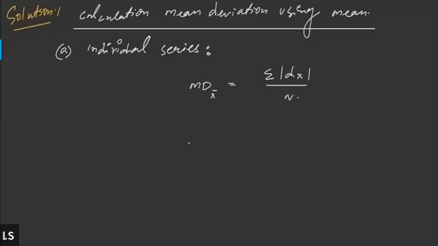Earlier we used to find absolute value of dx by applying this formula, x minus value of median. But now since we are calculating the mean deviation by the mean method, we will calculate deviation by subtracting the mean from each item. All right, is this clear to you? Yes, sir. Okay, so let's do a question based on this.